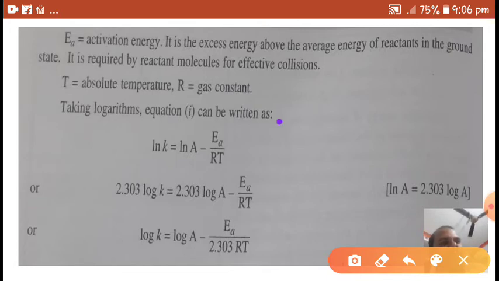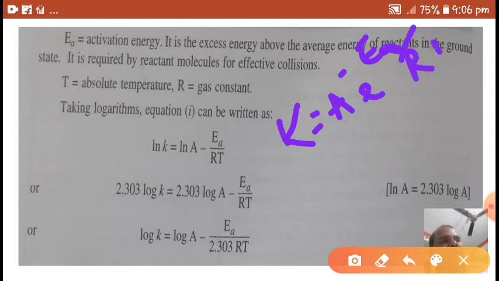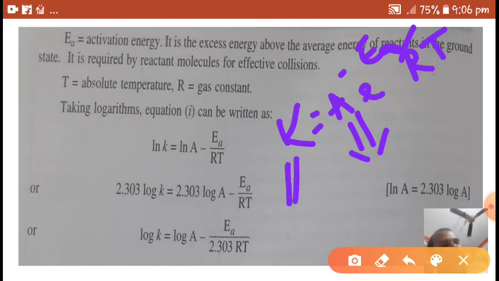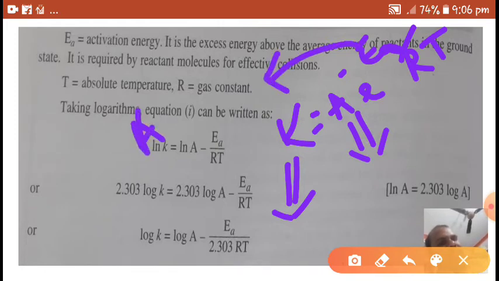In K is equal to A e to the power of minus EA by RT, I told you that A is the Arrhenius constant or frequency factor, K is the rate constant, and EA is the activation energy.